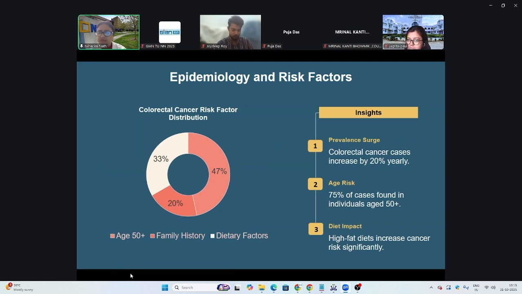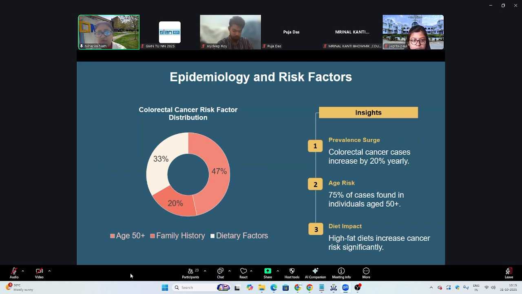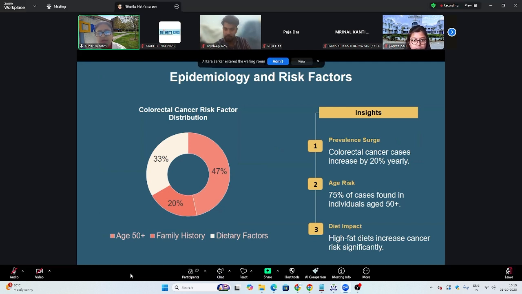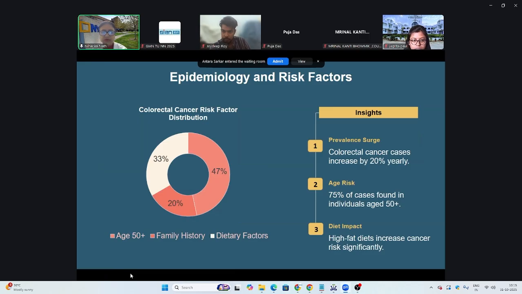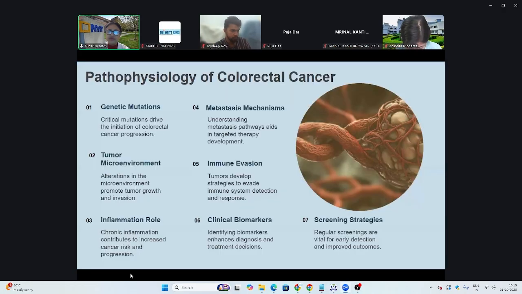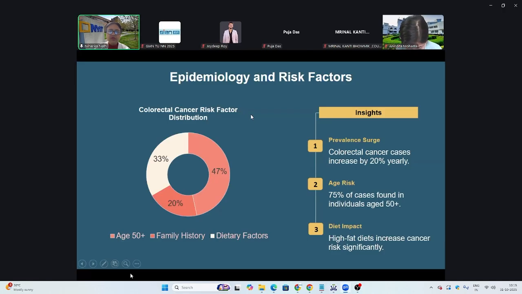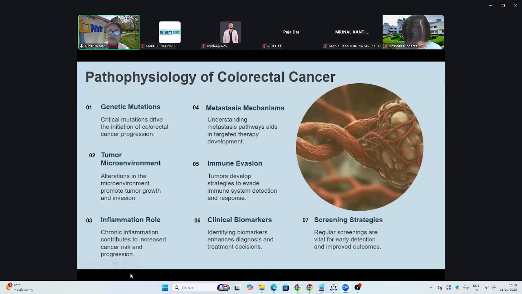Western diet promotes colorectal cancer. Animal fat promotes colorectal cancer. And of course, there's age. So, depending on diet, colorectal cancer can spontaneously develop. But if there's a mutation in the family, then they will develop it after age 50.